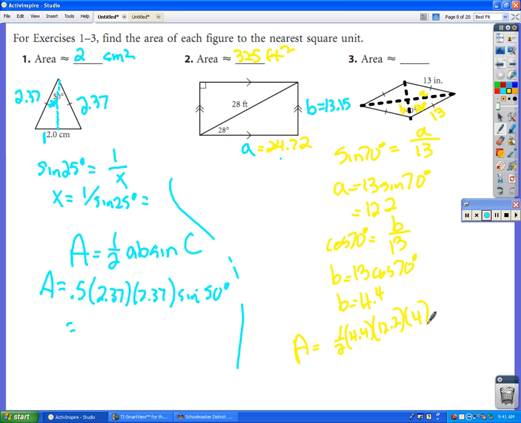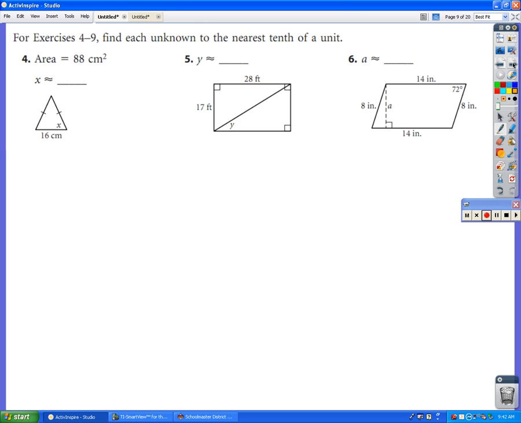So I multiply by 4: 0.5 times 4.4 times 12.2 times 4. I get a total area of about 107 square inches. You might get something a little different depending on when and how you rounded your answers. Okay, those are a little tricky.